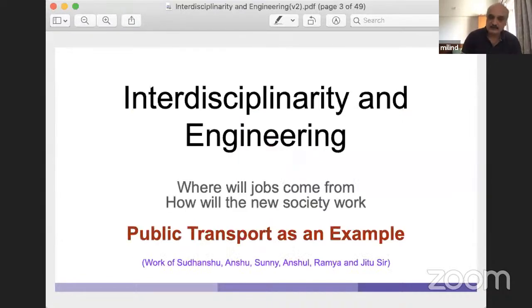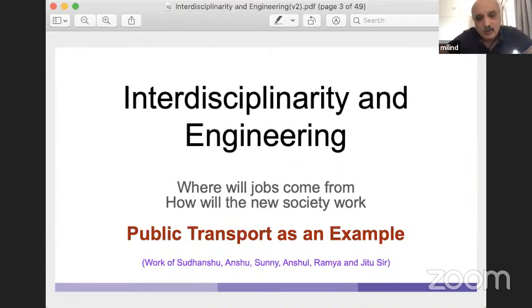So, let's go back to the main topic: interdisciplinary engineering. I'm really going to talk about where the new jobs are going to come from. I think most of our graduates are really worried about that. The second thing, of course, is related to how society actually works.